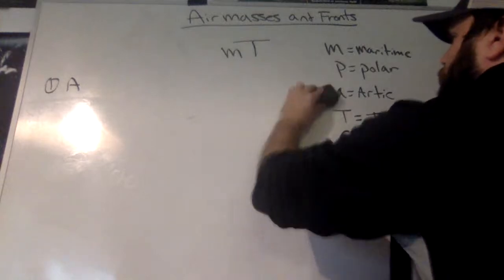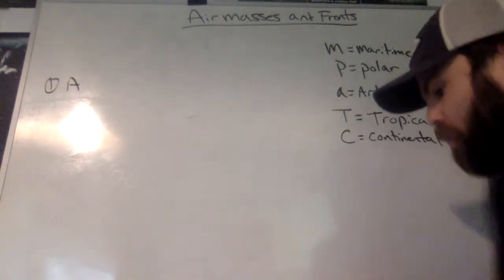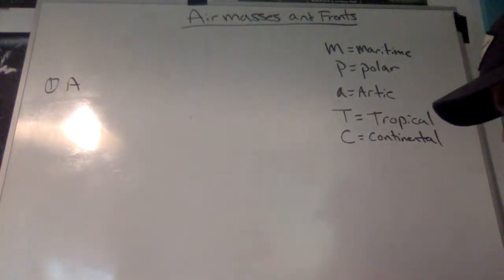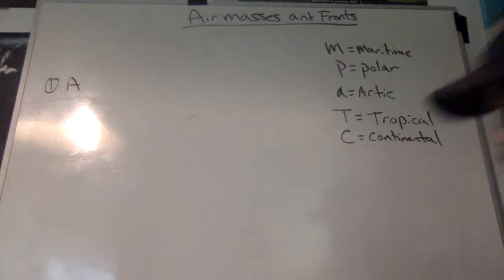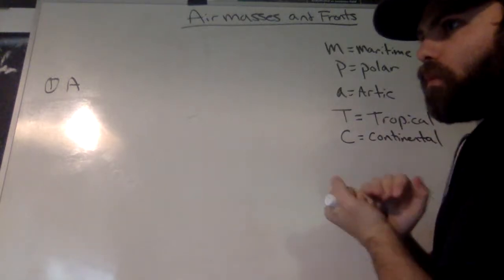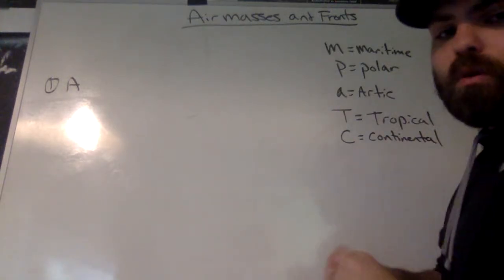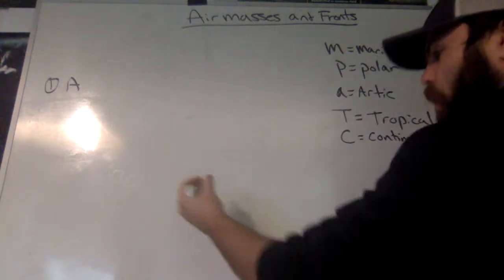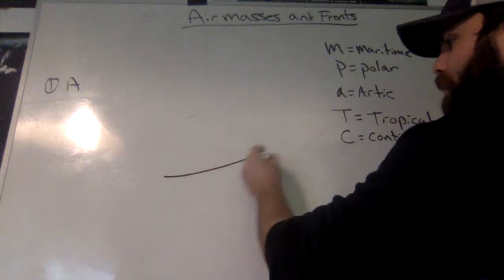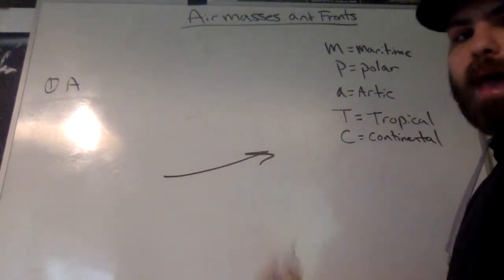Now let's go to number two. An air mass located over central United States is most likely going to move towards where? If you look at the notes, we have a jet stream that goes across. All of our weather comes from out west.